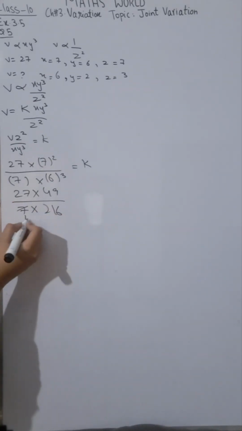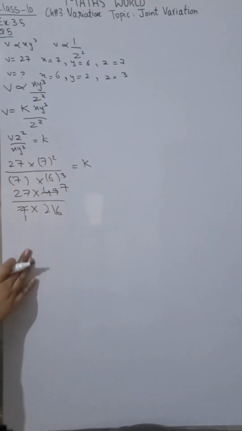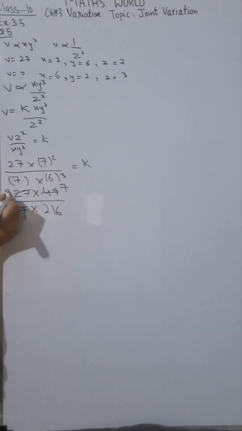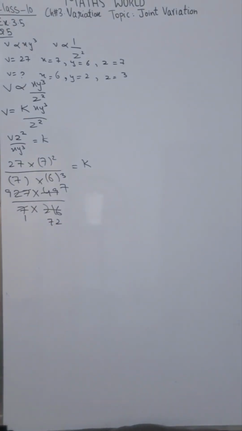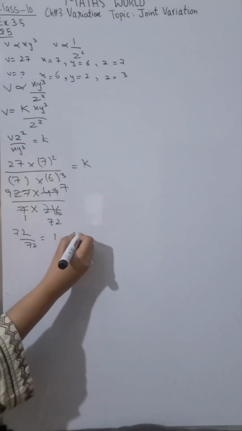So 7 ones are 7 and 7 sevens are 49. So if you just see 3 nines are 27, 3 sevens are 21, and 3 twos are 6. So now you have got 9 into 7, 72 by 72. So it is 1 and equals k.